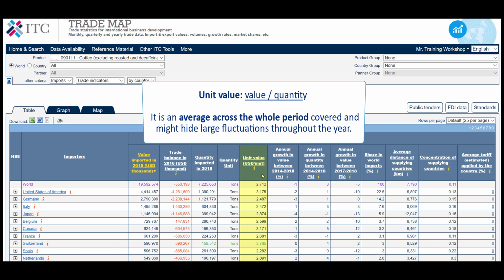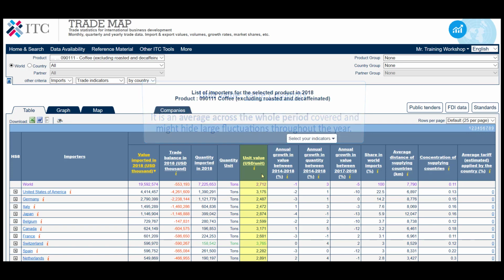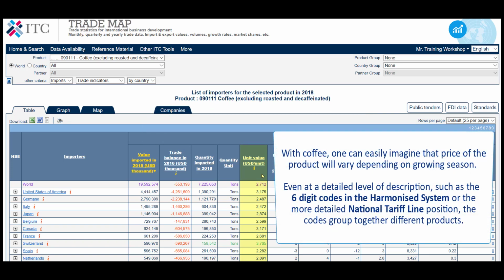Thus, this is not a price, but an average across the whole period covered, and might hide large fluctuations throughout the year. For example, with coffee, one can easily imagine that price of the product will vary depending on the growing season. Furthermore, even at a detailed level of description, such as the 6-digit codes in the harmonized system or the more detailed national tariff line position, the codes group together different products.